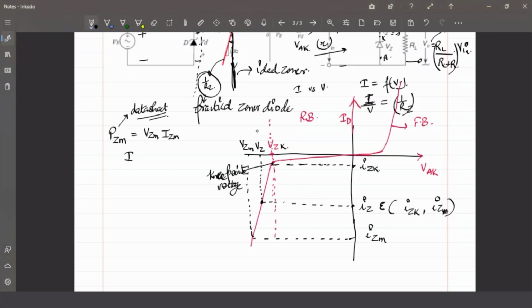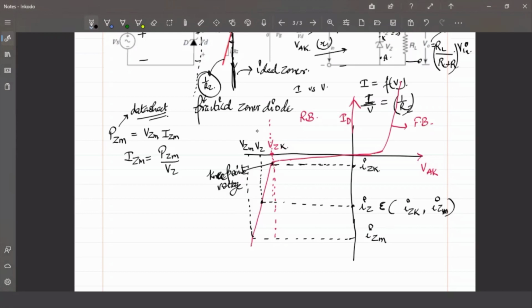of your device. So for any Zener diode, you'll get the data sheet. From there you can take the maximum power handled by the Zener diode, that is equal to VZ multiplied by IZ. So from there you can get the peak value of current which can flow through it in the reverse breakdown condition. That is nothing but PZ maximum divided by VZ.